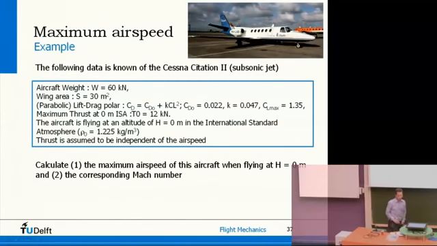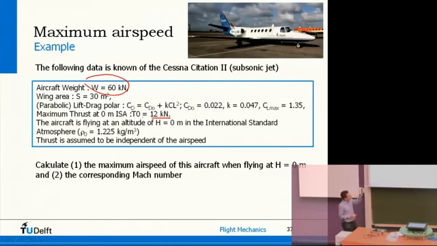So let's just take this aircraft, the aircraft of the faculty, and let's see what is in fact the maximum airspeed when it's flying at sea level, at a certain aircraft weight, when it's fully loaded with passengers and so on. Now this aircraft can generate 12 kilonewtons of thrust, so that's both engines combined.